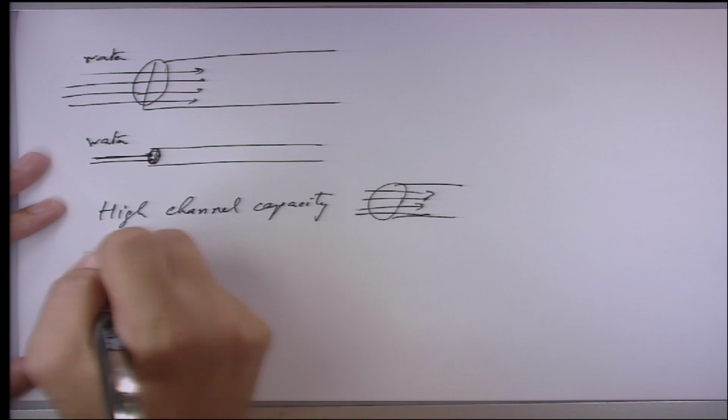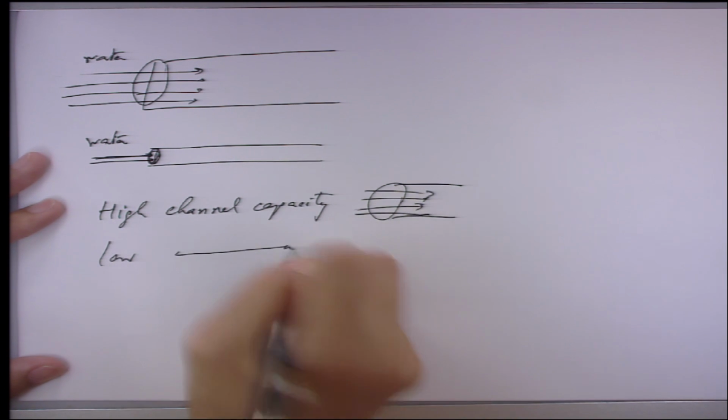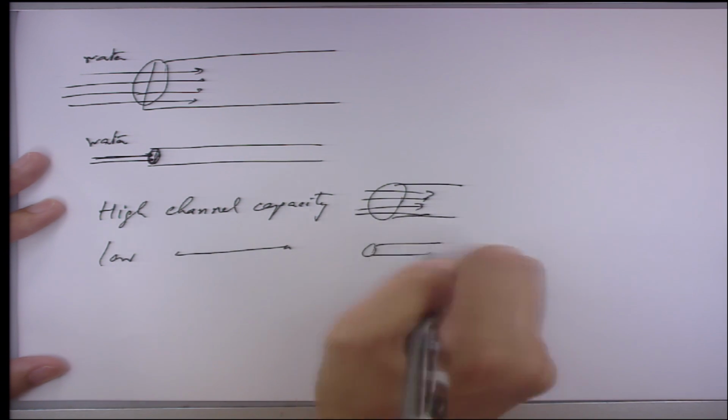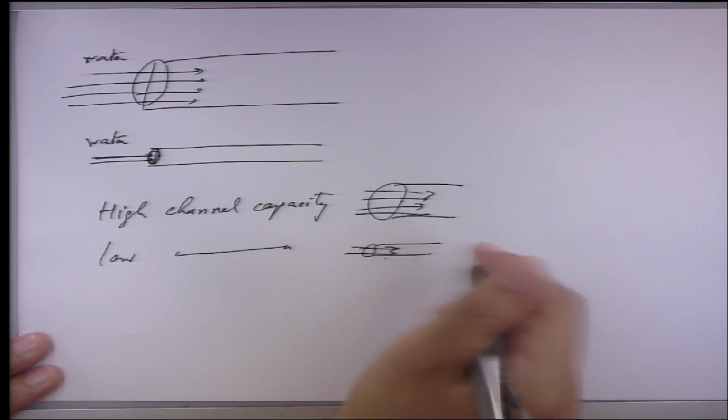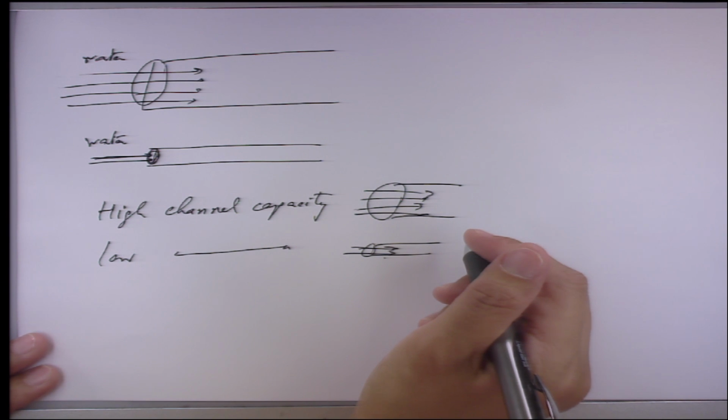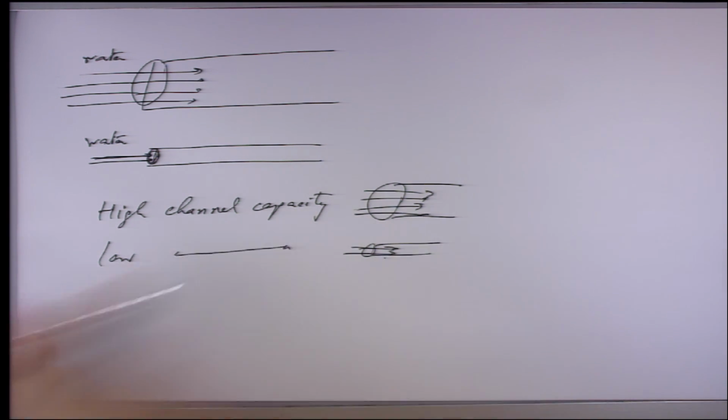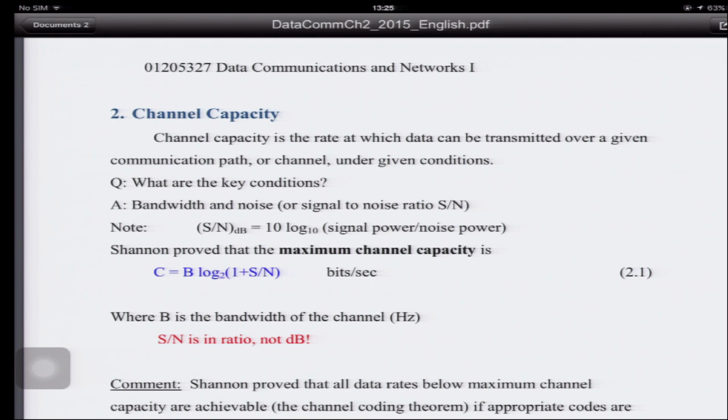But if you have low channel capacity, then you have a small diameter of the pipe, of the channel, that the data can go through. So what are the key conditions to determine the size of the channel capacity? The key conditions are the bandwidth and noise.